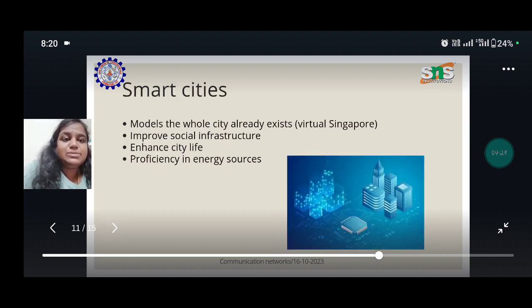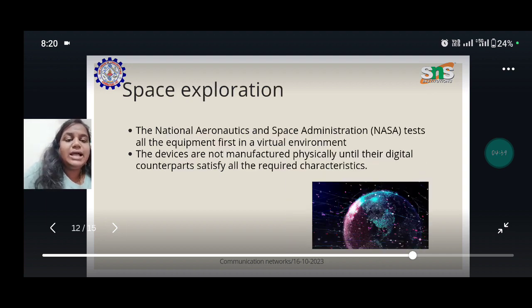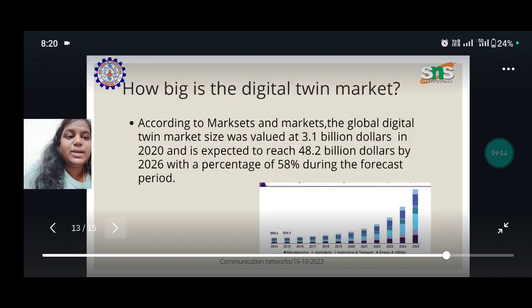In smart cities, the whole city is modeled, as already exists for Singapore, to improve social infrastructure, enhance city life and improve efficiency in energy sources. In space exploration, NASA tests all the equipment first in a virtual environment. These devices are not manufactured physically until the digital counterpart satisfies all the required characteristics.